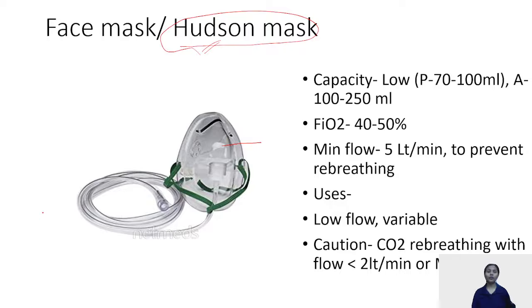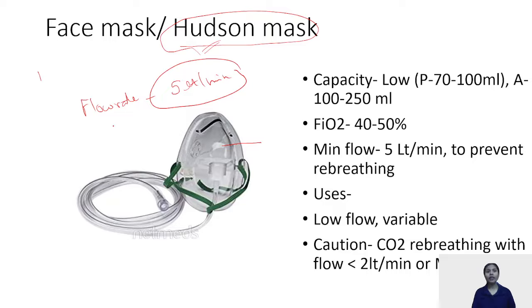When we talk about the Hudson mask, one thing we have to be clear about is the flow rates. The flow rate in the Hudson mask has to be at least 5 liters per minute. Why? Because a lesser flow rate can lead to CO2 rebreathing.